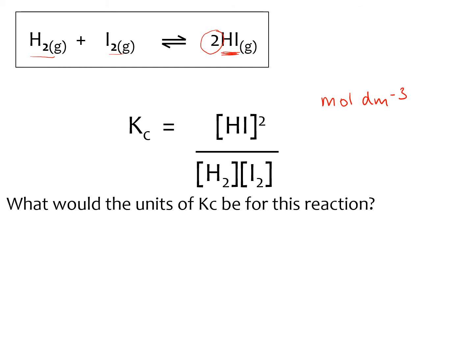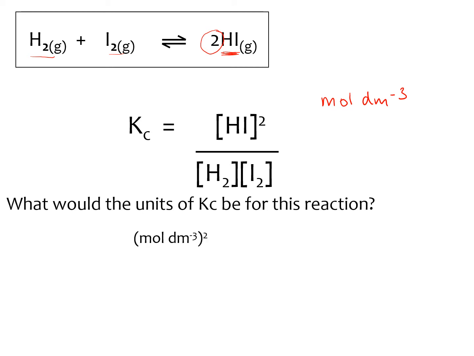Now we have a number of concentration terms here, so we have to think what would the overall unit for Kc be. Now Kc is not a universal constant, so it doesn't have a set unit each time. We have to derive the units from the number of concentration terms that are actually in each individual expression. And there will be a different unit for a different chemical reaction, as the stoichiometry will be different.